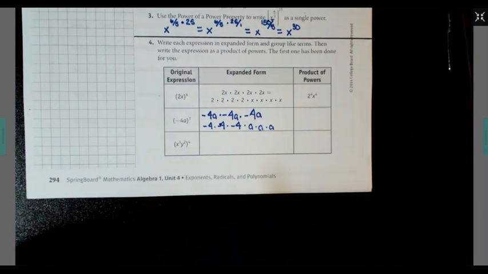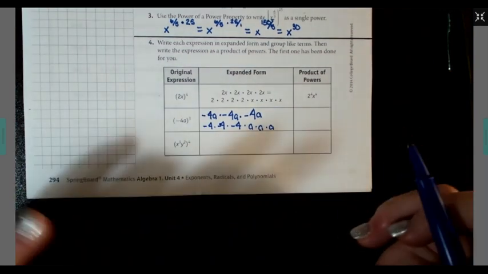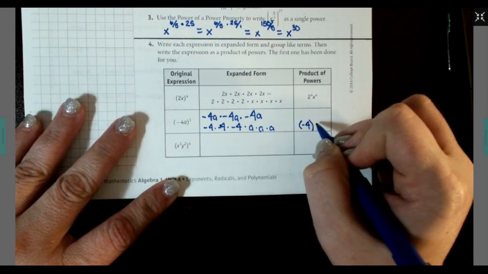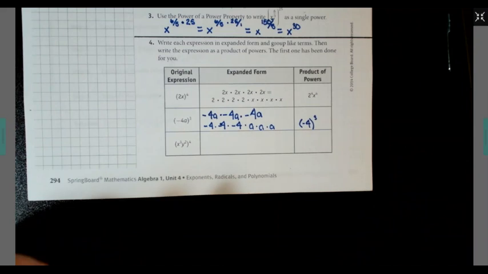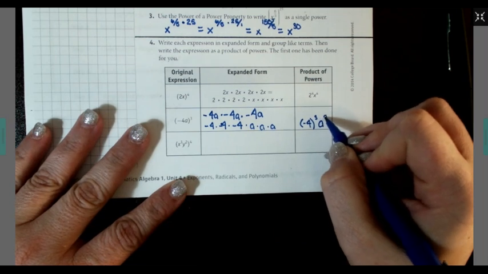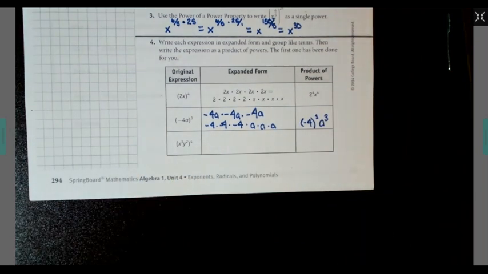How many -4s do I have? 3. When you write this, you might want to put this in parentheses. They're a little tricky with those negatives. And how many a's do we have? Also 3. So (-4) to the third power times a to the third power.